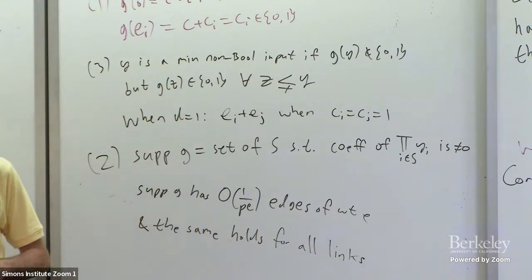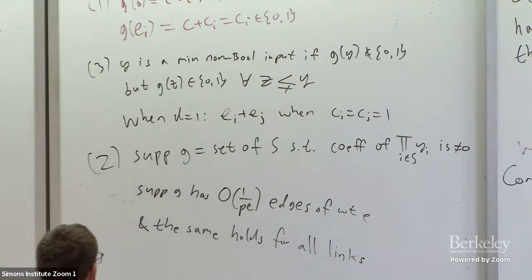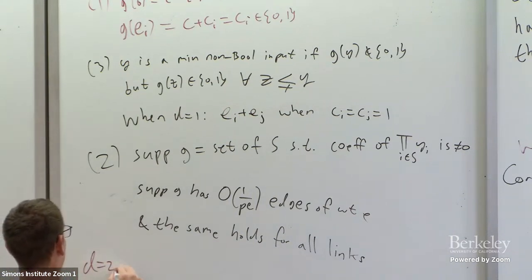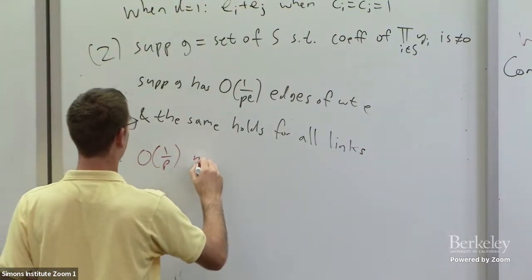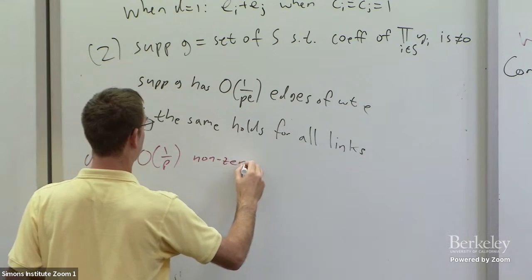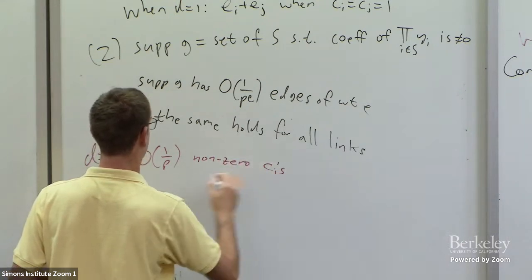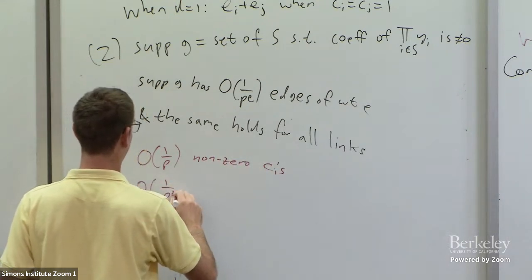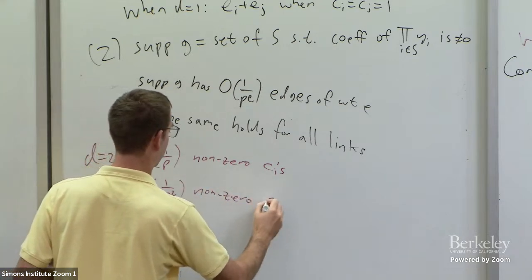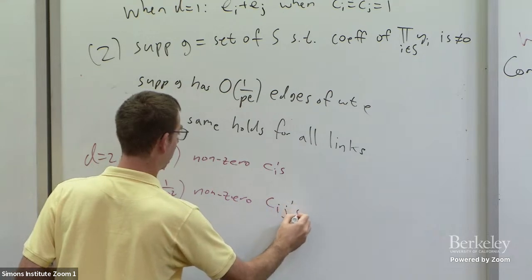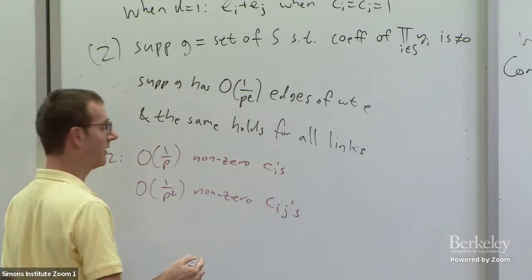Okay, if you don't know what a link is, let me just spell it out in the case d equals 2. So for d equals 2, we have order 1 over p non-zero ci's and order 1 over p squared non-zero cij's. So this will be the coefficient of yi, yj.